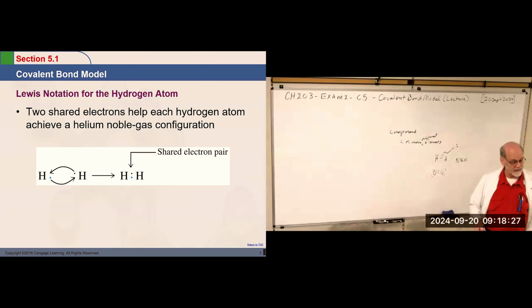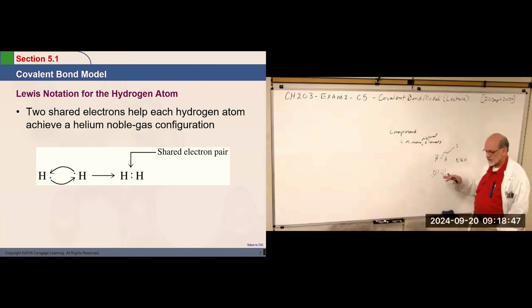Now, we didn't create electrons, we didn't destroy electrons. And as far as the universe goes, there are only valence electrons. There are only 2, 4, 6, 8, 10, 12. There are only 12 valence electrons involved in this bond, in this molecule.